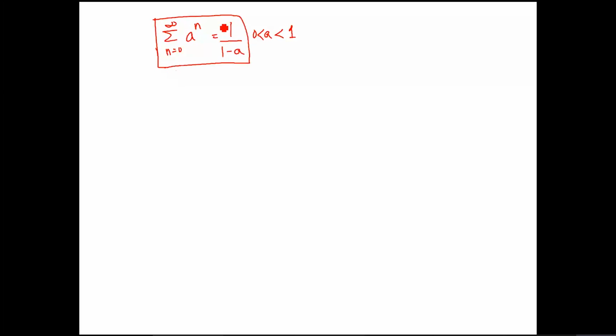So this is what you saw in your FSc mathematics, that if you have a raised to power of n summed for n equal to 0 to infinity, if you open this up, it is something like that: a raised to power of 0 plus a raised to power of 1 plus a raised to power of 2, and it goes on all the way to infinity.